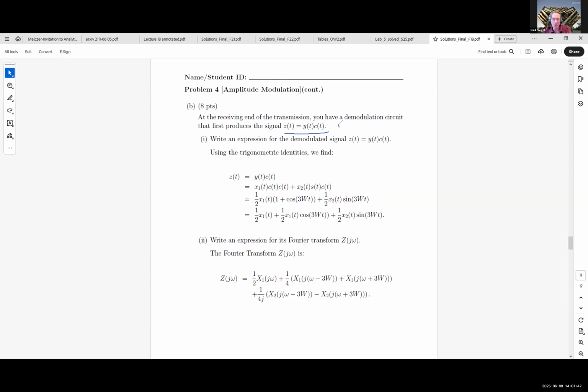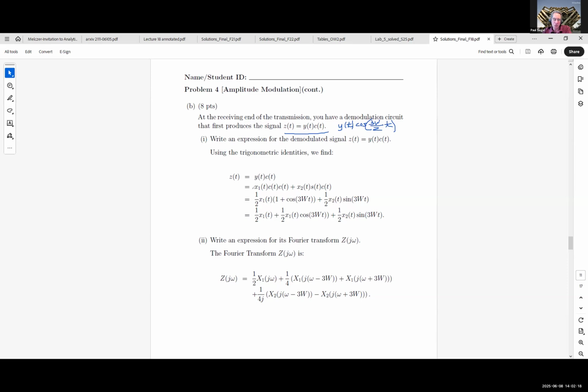So this is going to be y of t times the cosine of 3w over 2 times t. And that's your z of t. So that's the first thing. And you're asked to write an expression for the demodulated signal.